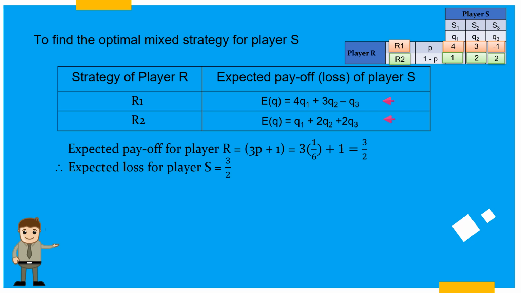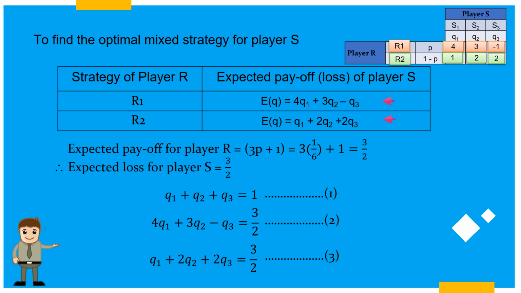We can now have three simultaneous equations to find the values of q1, q2, and q3, where the sum of the probabilities is 1. If player R plays R1, the expected loss of S is equal to 3 over 2. If player R plays R2, the expected loss of player S is equal to 3 over 2.